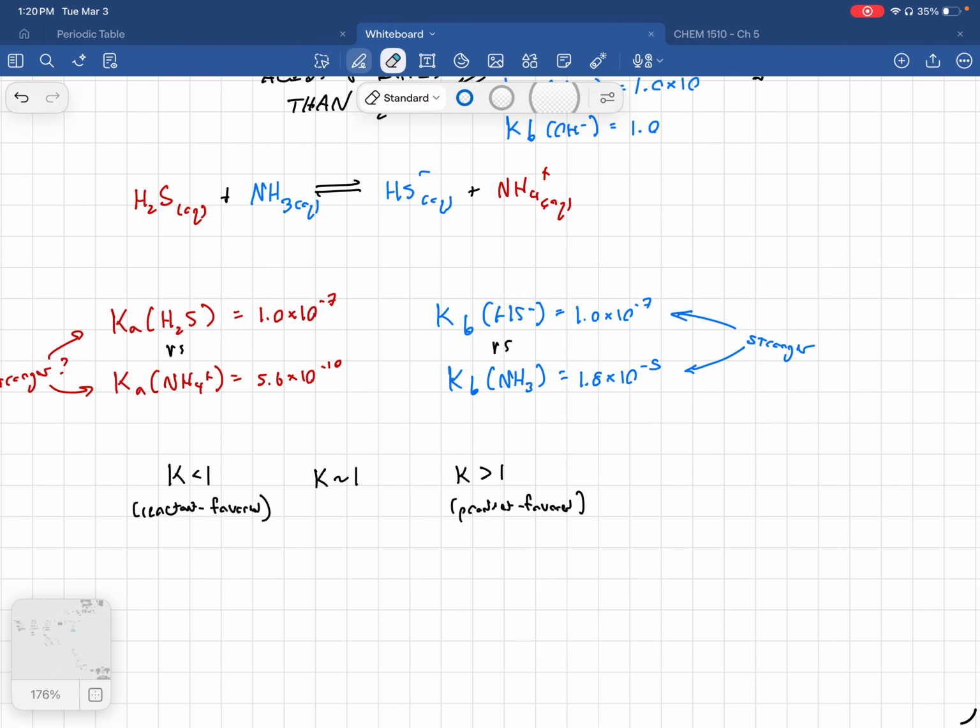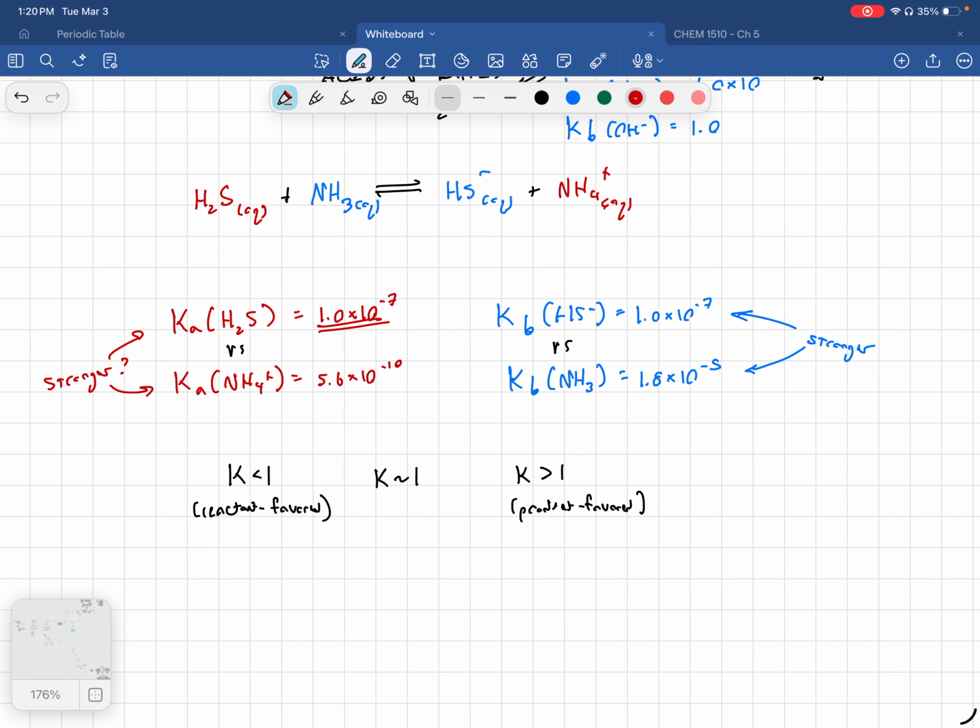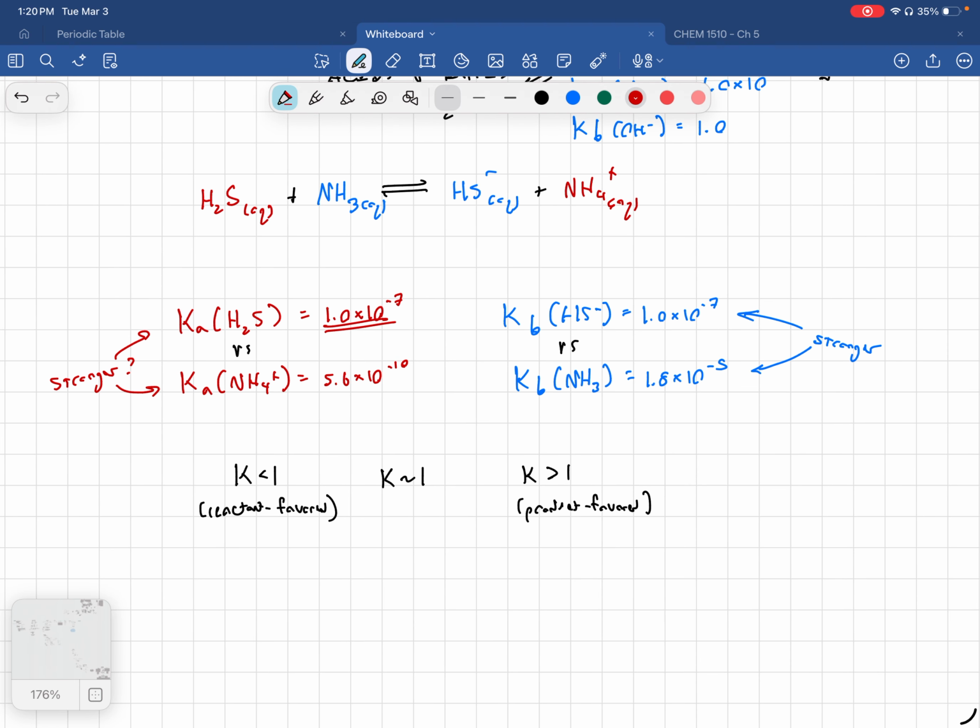Okay, so if we look here, we can see that this number is bigger. 1 times 10 to the negative 7th is bigger than 5.6 times 10 to the negative 10th. So this is the stronger acid versus NH4 plus, which is the weaker acid.